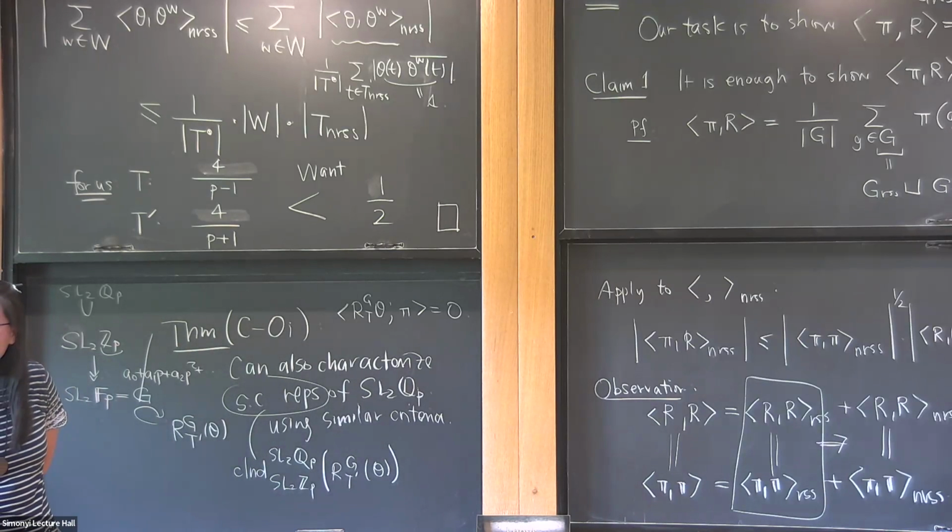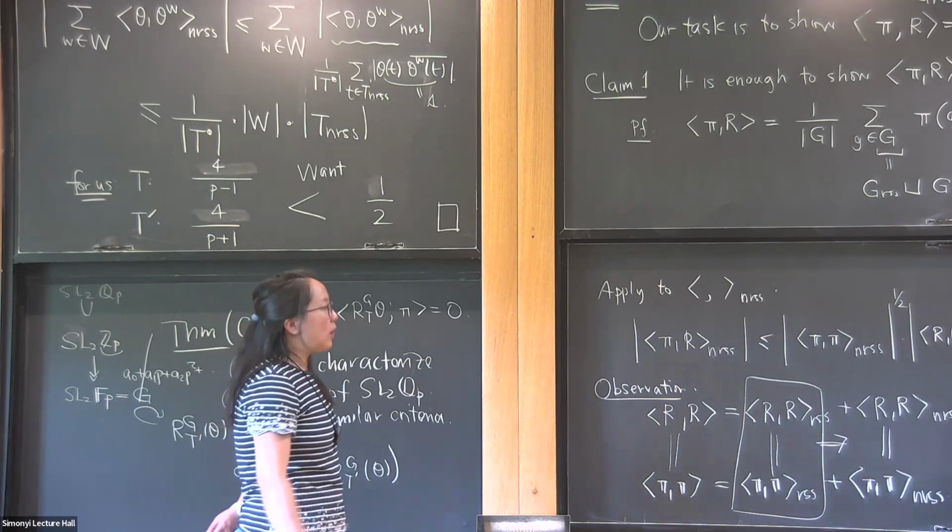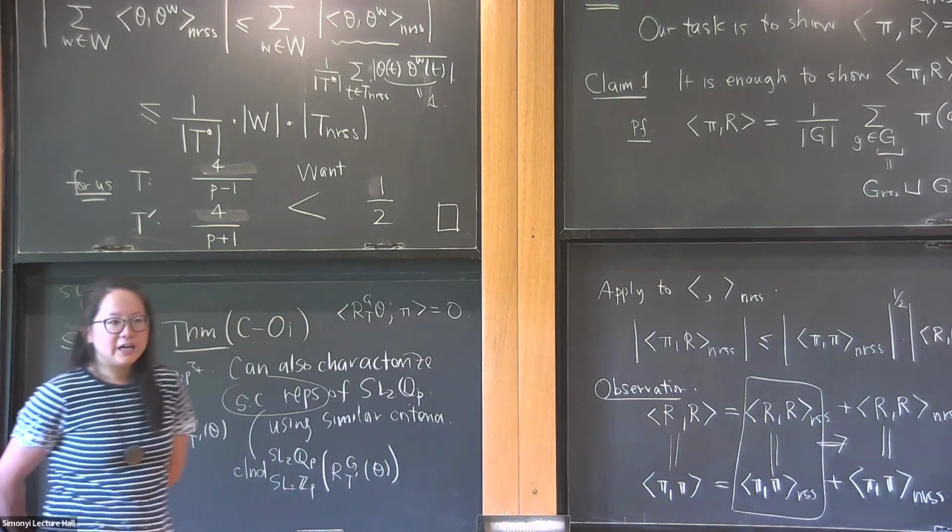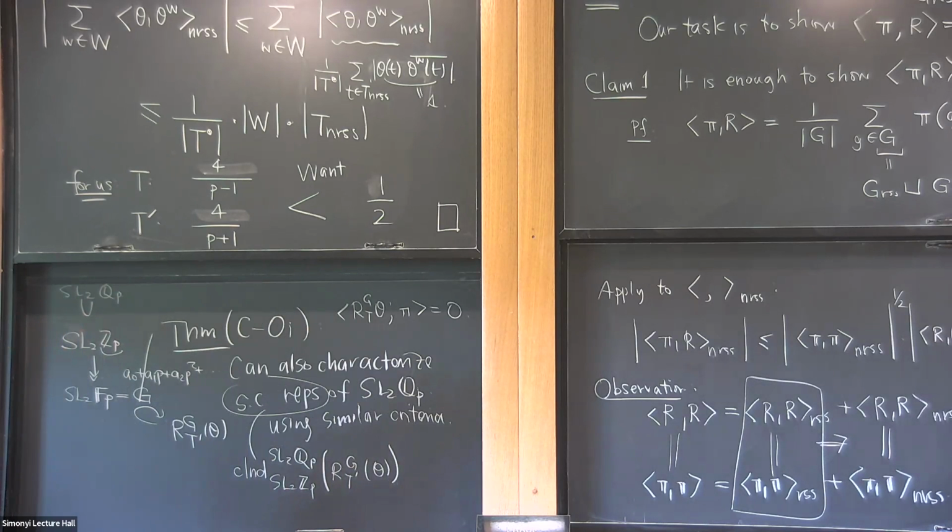In general, do you know what the distribution is between the regular semisimple and the non-regular semisimple elements? That's a good question. This is actually quite a subtle thing. The question is how many regular semisimple elements there are relative to the number of non-regular semisimple elements.